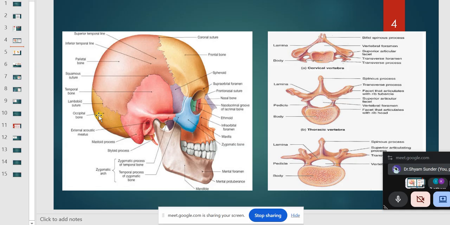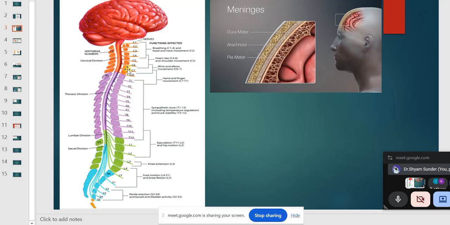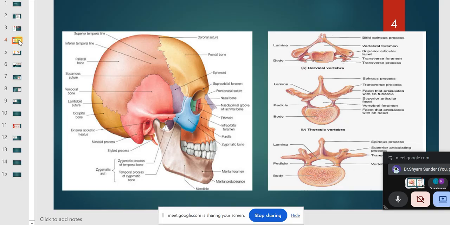That's how it is named. Similarly, on the vertebra side, cervical vertebra, then we have the cervical spinal cord: C1, C2, C3, C4, C5, C6. Similarly, thoracic, T1, T2. So the names of the bones and the names of the brain parts as well as spinal cord parts are the same.